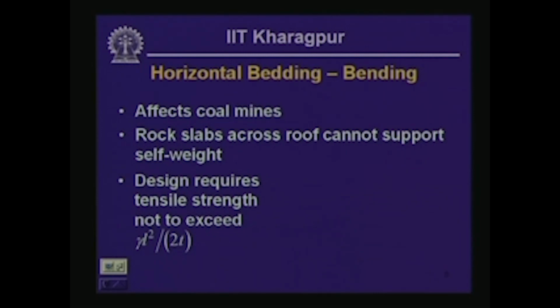What happens because of this is that rock slabs across the roof cannot support their self weight, because they want to bend and sag, and because the sagging in fact becomes so large that tension cracks develop near the bottom of the slab, and as a result the slab could fail.